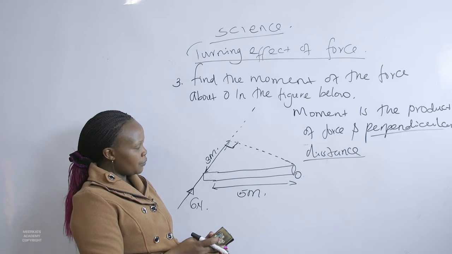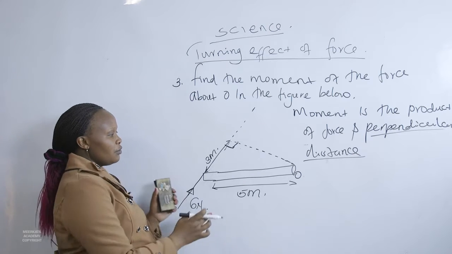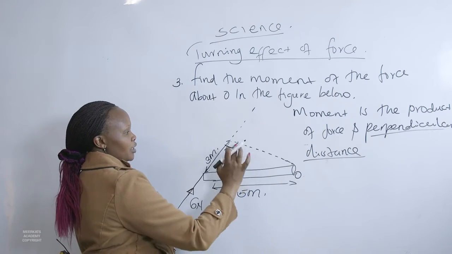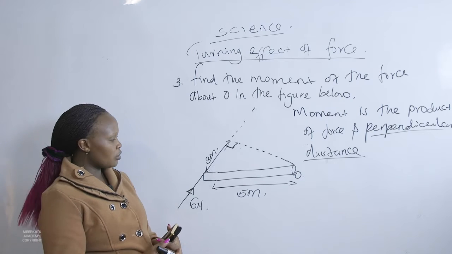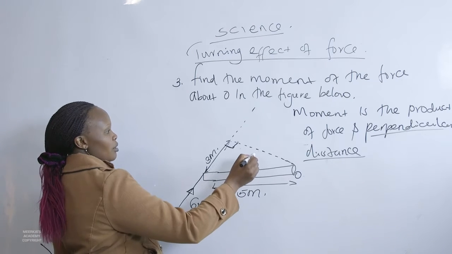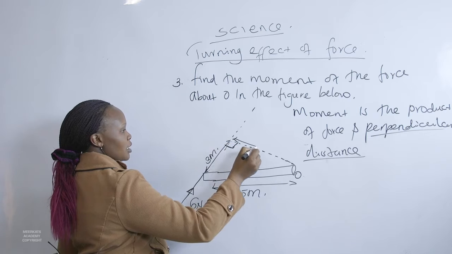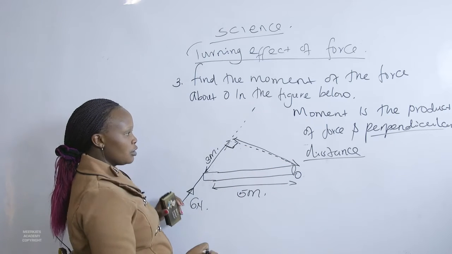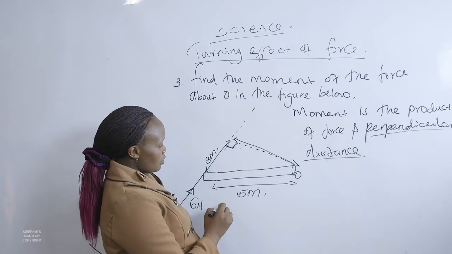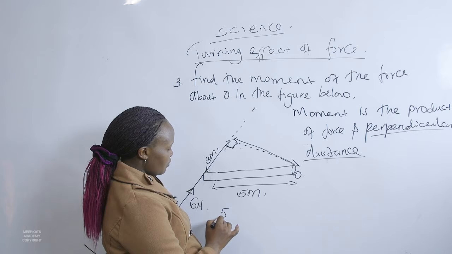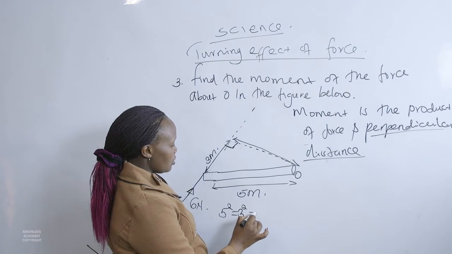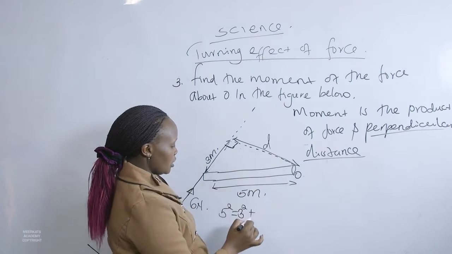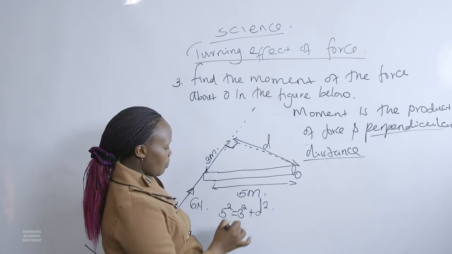Now, if we take our diagram to be a triangle, then we can apply Pythagoras theorem so that we can come up with this distance that we need in our calculation of moment, so that we will say 5 squared will be equal to 3 squared plus, say, d squared.